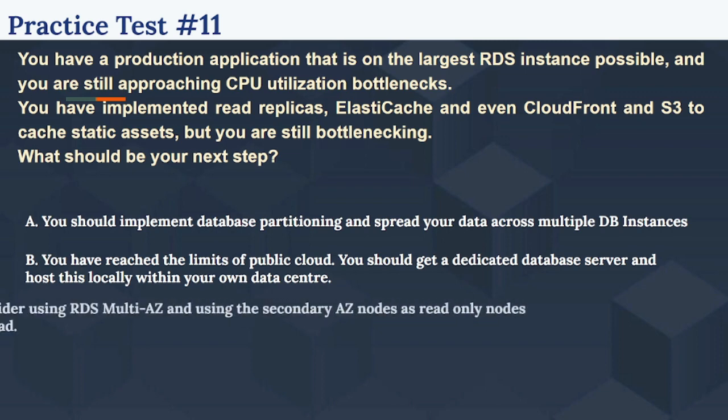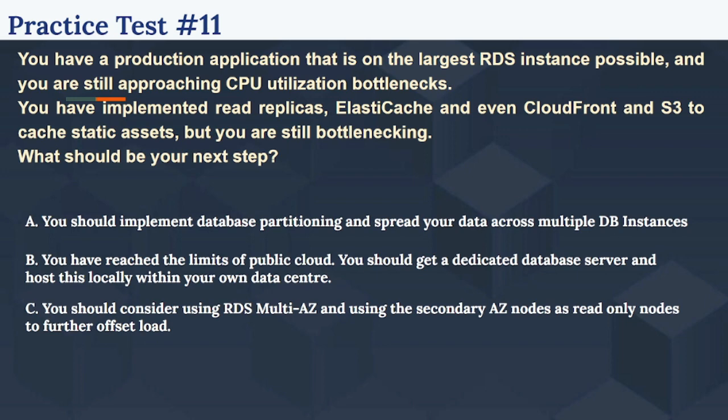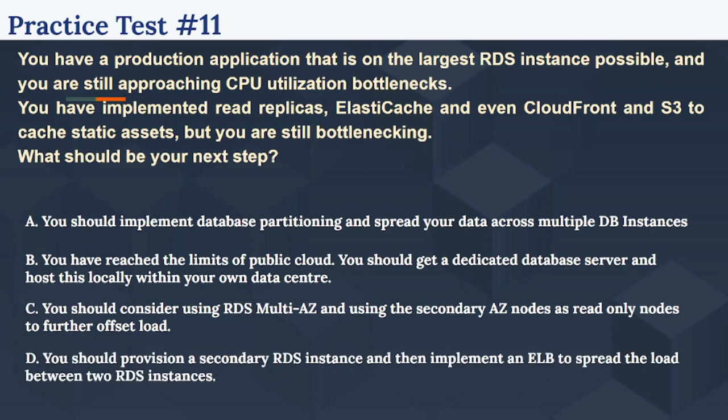Option C. You should consider using RDS multi-AZ and using the secondary AZ nodes as read-only nodes to further offset load. Option D. You should provision a secondary RDS instance and then implement an ELB to spread the load between two RDS instances. Please select your answer in the next 5 seconds.